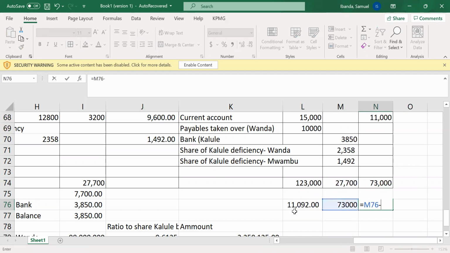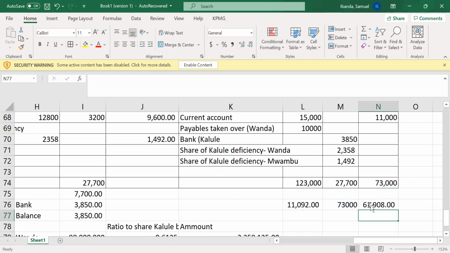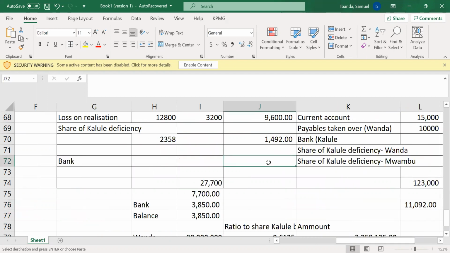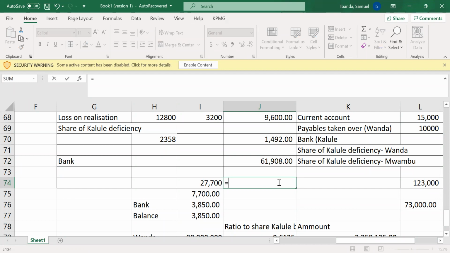I get this minus this, and it gets me about 61,908. So I'll bring this 61,908 here, under bank, like such. So this one will now get the total of 73, just like the other side.